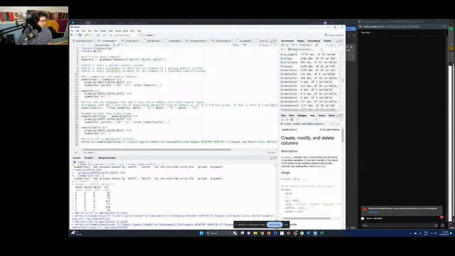You call this GramBank feature function, and that returns a data table with just the features that you want. Something I learned as I went along is that when you select your features for GramBank, it will only return languages that have a marking for all of those features. If it's a question mark in any of them, it'll exclude them, which is nice.